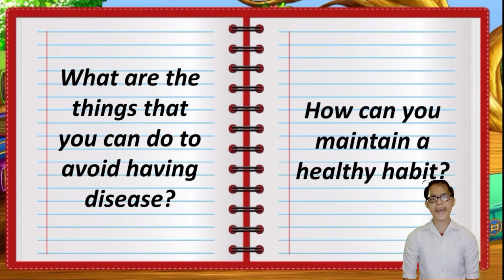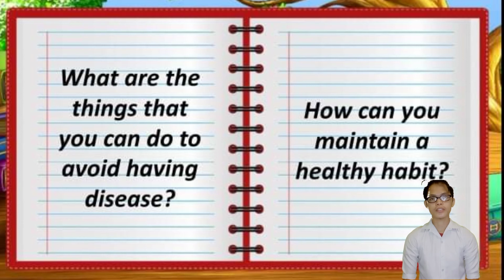How can you maintain a healthy habit aside from things being said a while ago? Don't smoke or drink alcohol. Only healthy fruit, shakes, and water. 8 to 10 glasses a day. Yes, get enough rest. Have some 8 hours of sleep. Very good. Avoid eating junk foods.